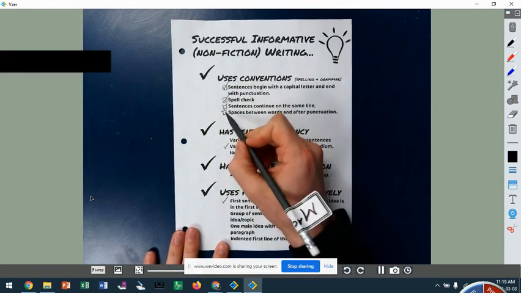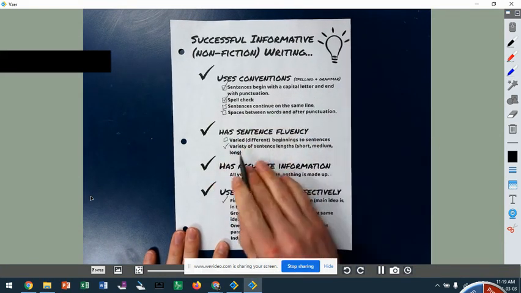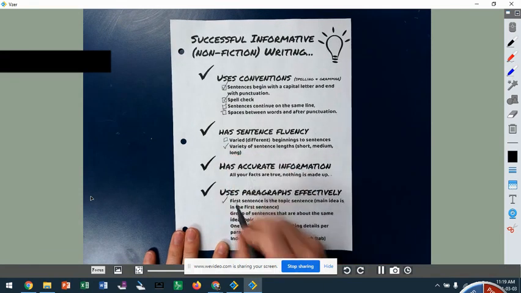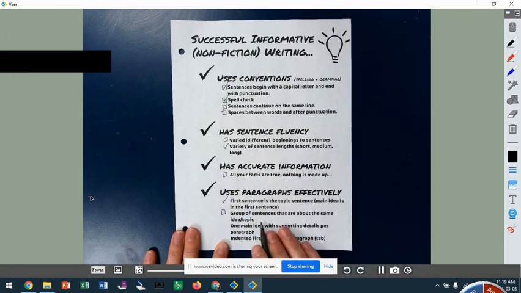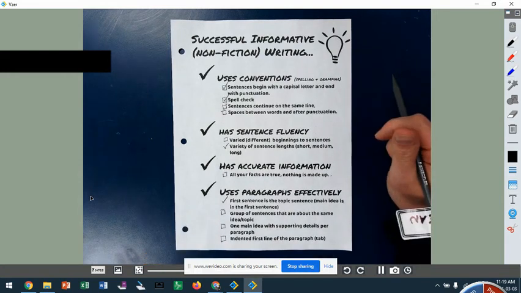Those two things need to be done. Beginnings of sentences need to be changed here. That we'll do another day. There's some sentences that are off topic. That will bleed into this one nicely. And then he's going to check for indented first line of the paragraph once his writing looks like a paragraph.